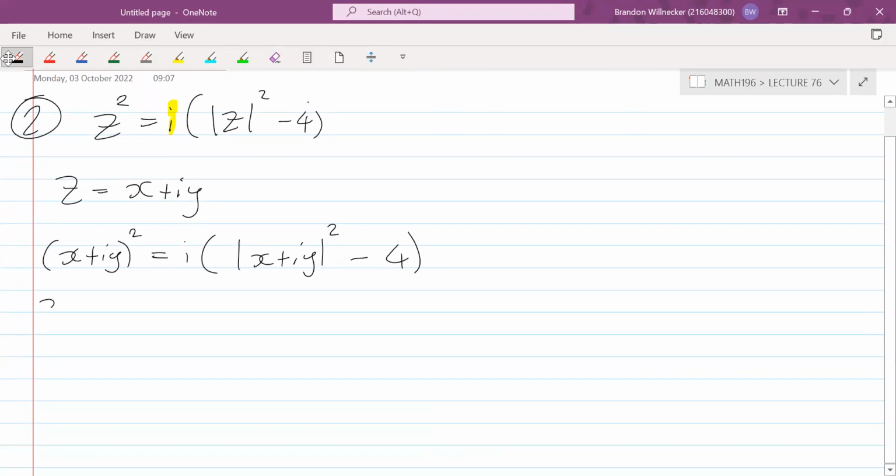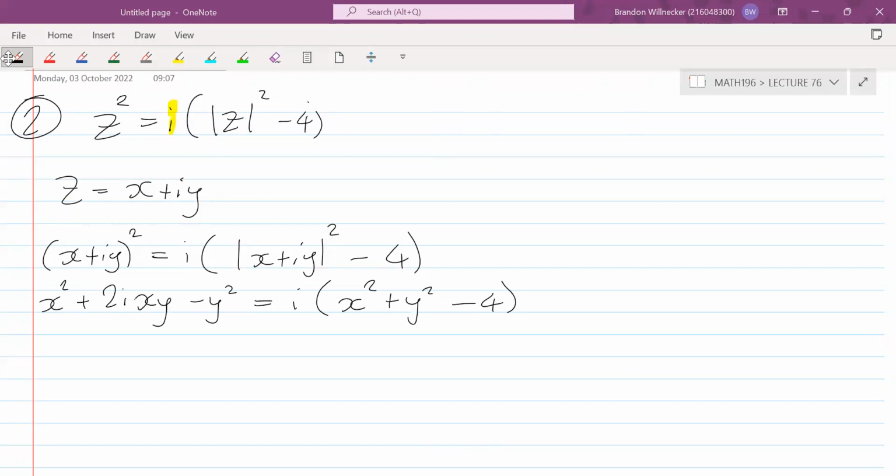We're going to get x squared plus 2i xy, and then i times y, all of that squared, is going to be minus y squared. That's equal to i times the absolute value of x plus iy, which is the square root of x squared plus y squared, but we're squaring it, so we just get x squared plus y squared. And then the minus 4.